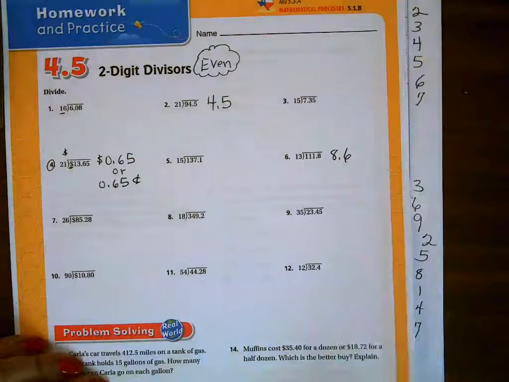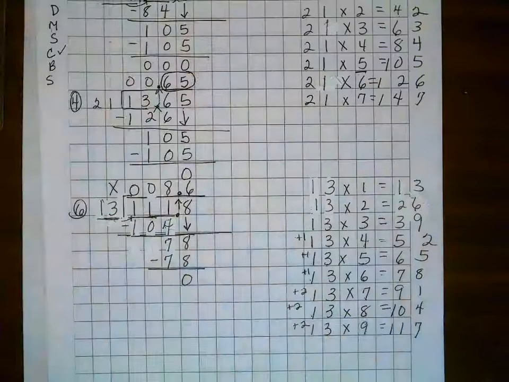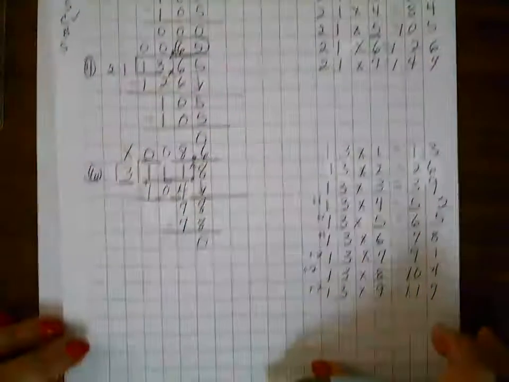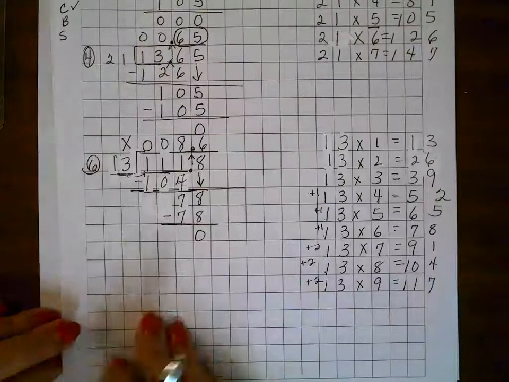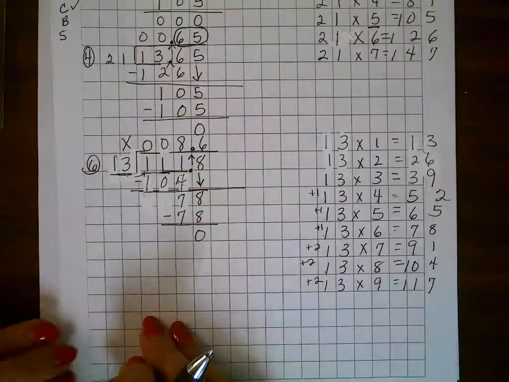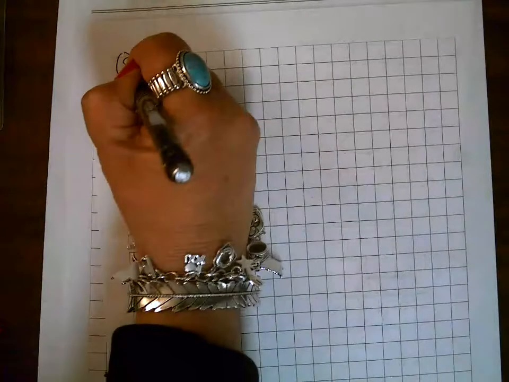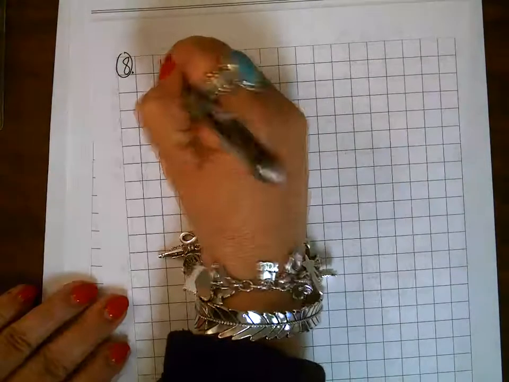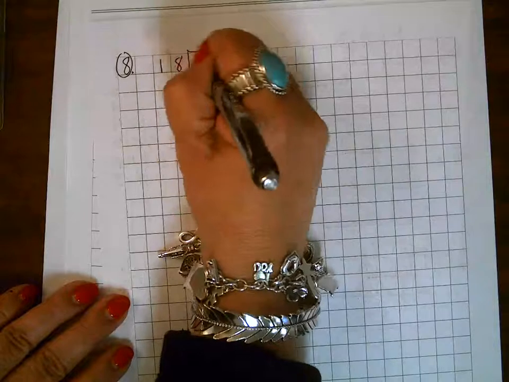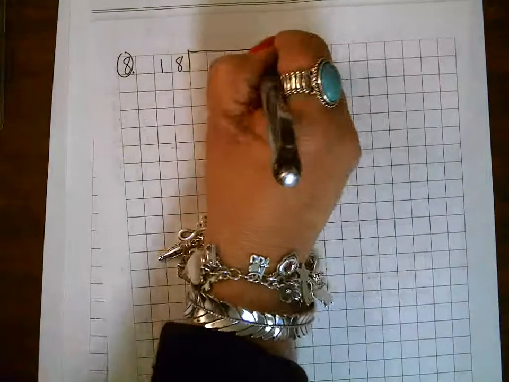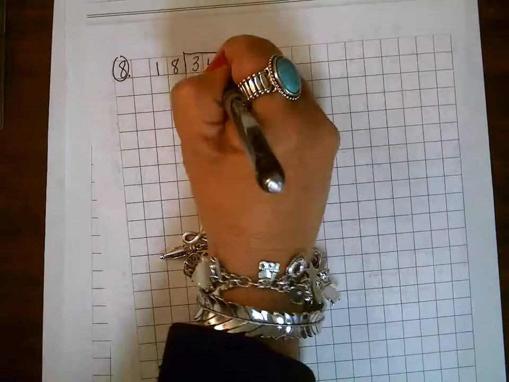Let's look at number 8. And this is where I really wanted you to get a lot of the practice in. Remember, sometimes division can be just lengthy. Not that it's hard, but it's a lot of labor that goes into it. The more practice you do, the easier it may get. It won't make it any shorter, but it makes it faster because you have more practice in.